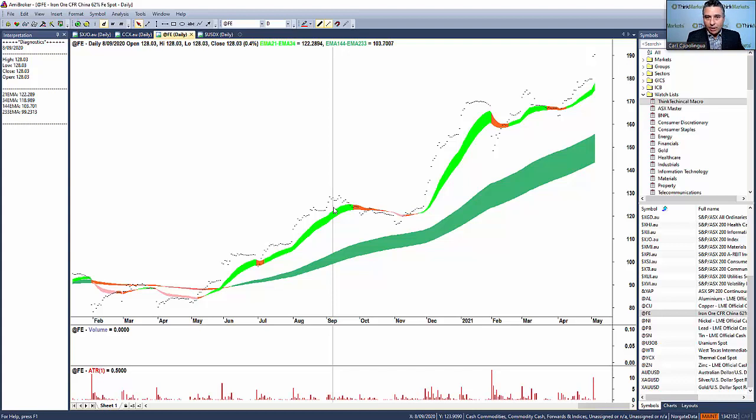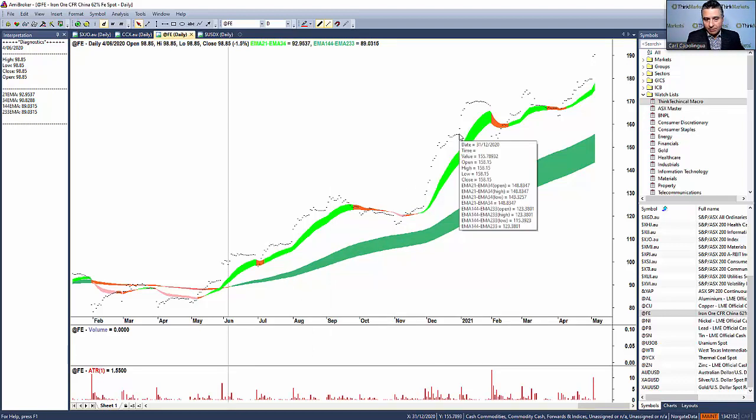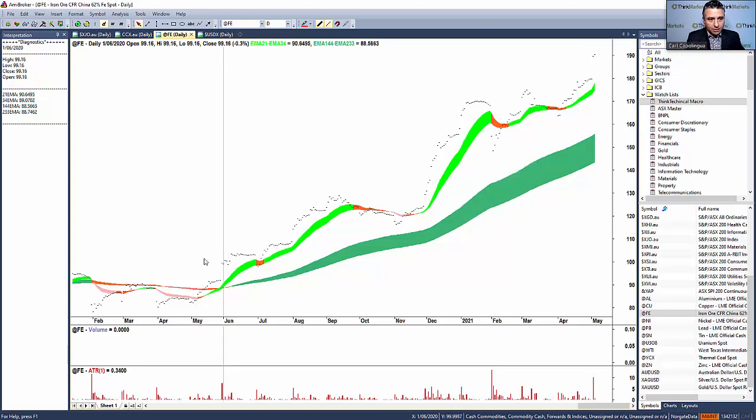Let's have a look at what the iron ore price did from June 30 to the end of the first half FY21 reporting period, which is over here at December 31. So we can see the price went from about $99 US per tonne to up to about 164 per tonne.